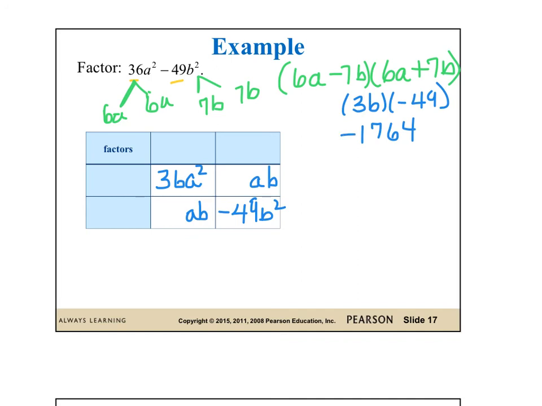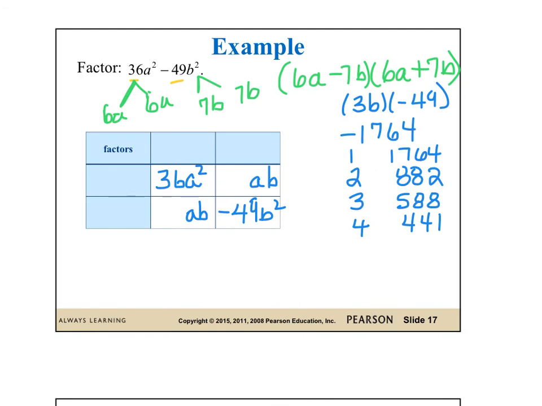And that's a lot of factors. 1 and 1764. 2 and 882. 3 and 588. 4 and 441. 5 won't work.